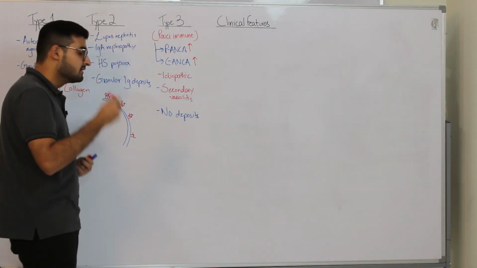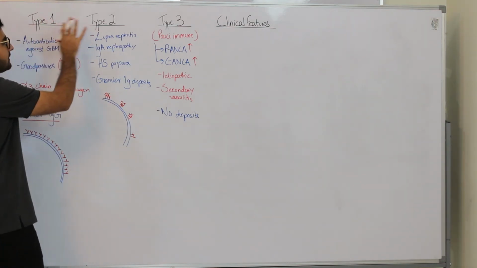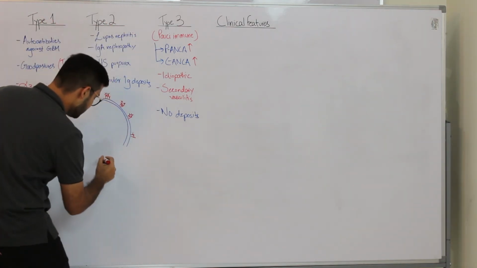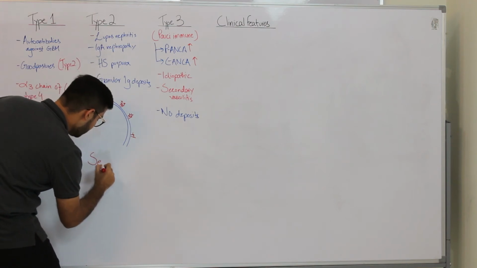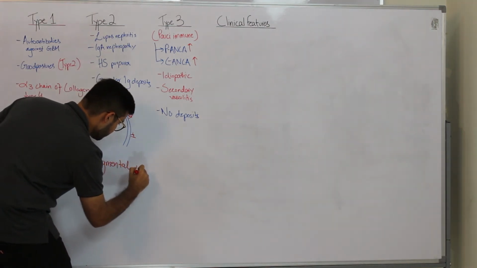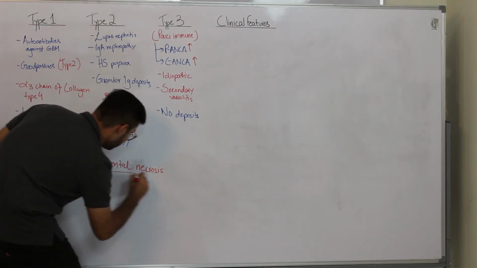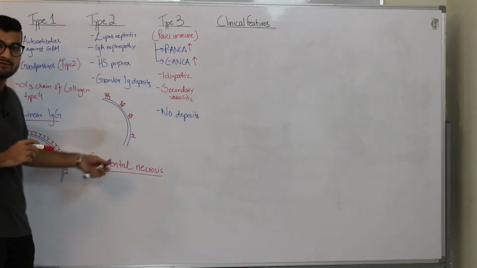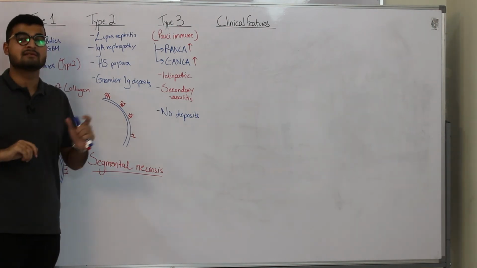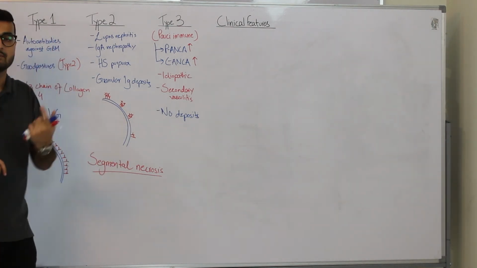Segmental necrosis. So segmental necrosis is specific to RPGN, be it type 1, type 2 or type 3. I'm just going to write down here segmental necrosis. Right, so segmental necrosis is very much specific to RPGN only, and this is a specific morphology that you would see in a kidney of RPGN.